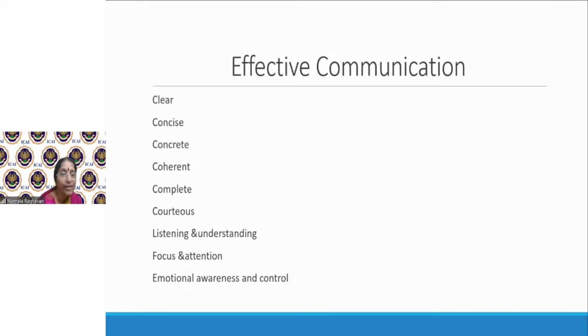Then coherent is one after the other in sequence. I'm not jumping from one topic to another. I go by the order of the study materials itself. That is coherence. Complete, is it complete or am I leaving things loose for you to understand?